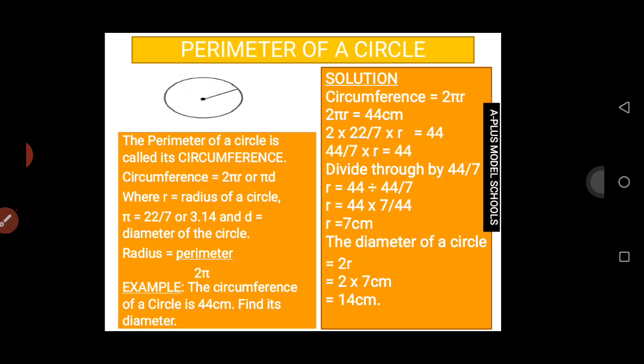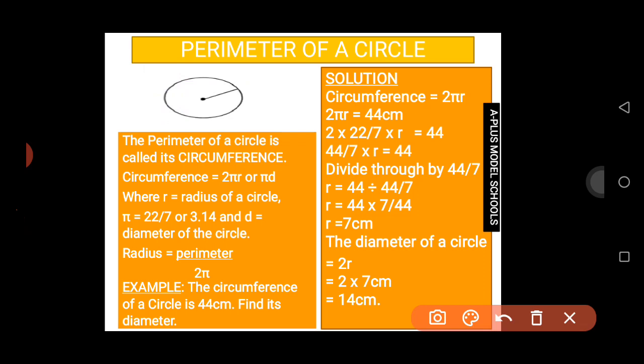You use 2 pi r when you know the radius, and you use pi d when you are given the diameter. And the value of our pi is always 22/7 or 3.14, and the d stands for diameter, where our r is the radius of the circle.